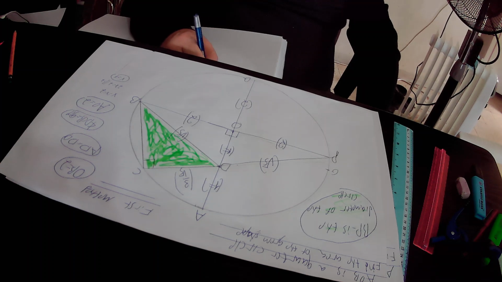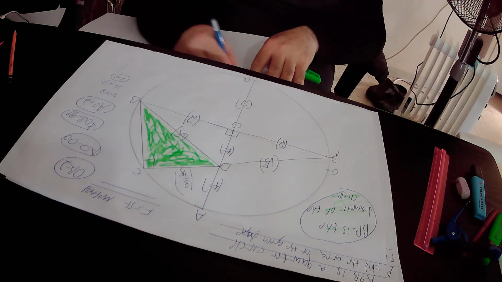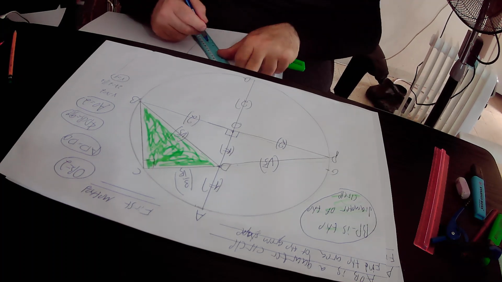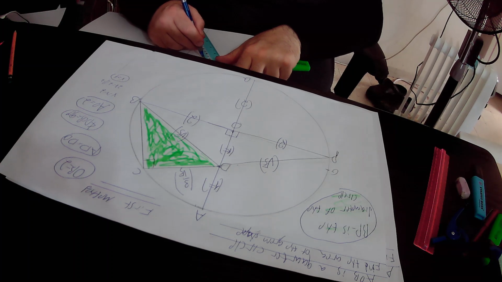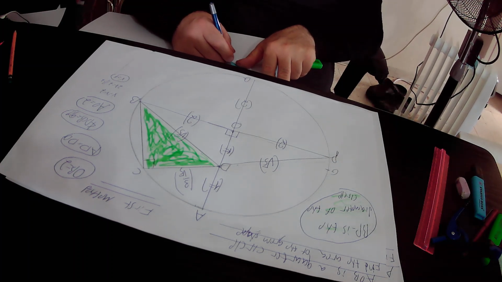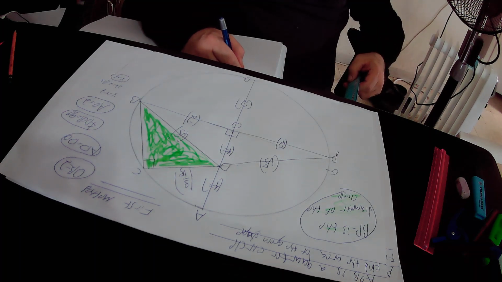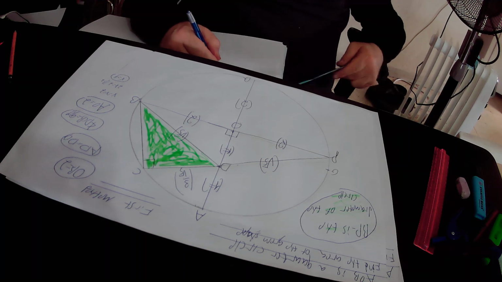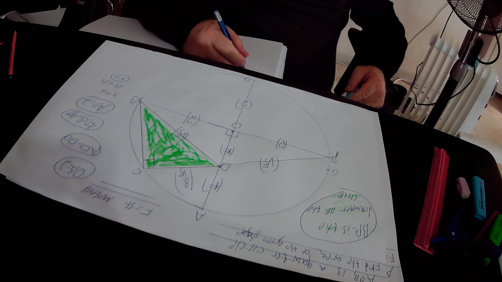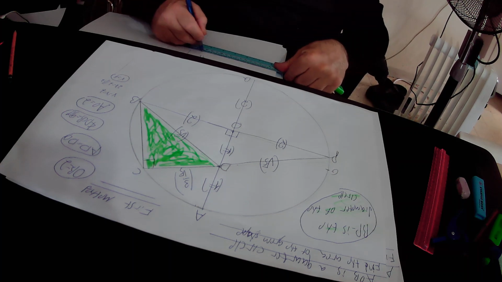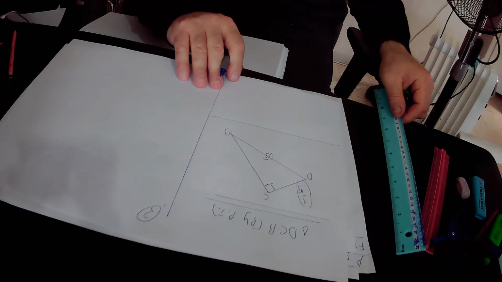Here PT is a version for Pythagoras theorem. So actually, this is the right triangle DCB according to the original drawing.